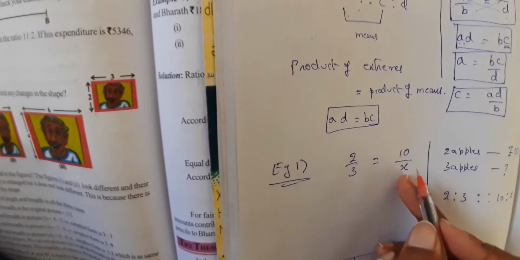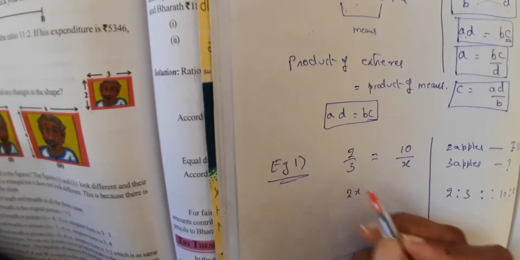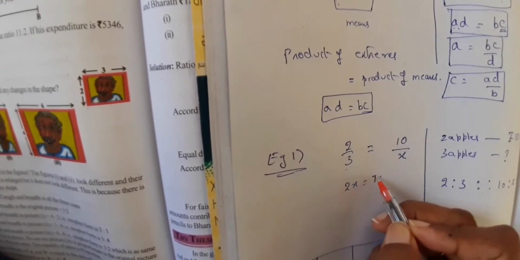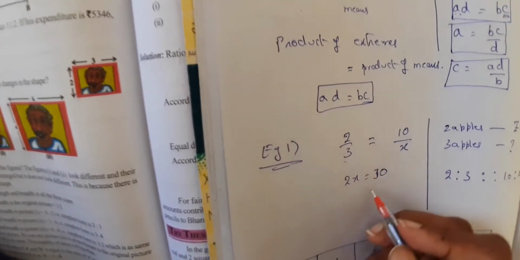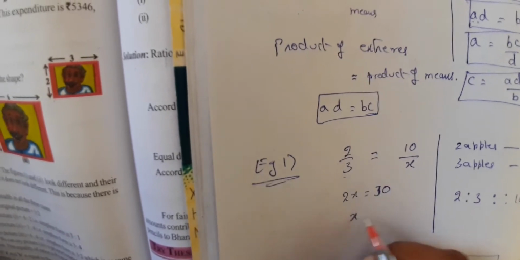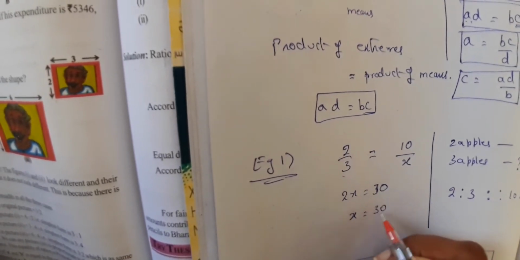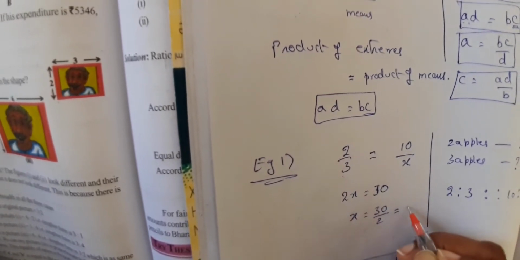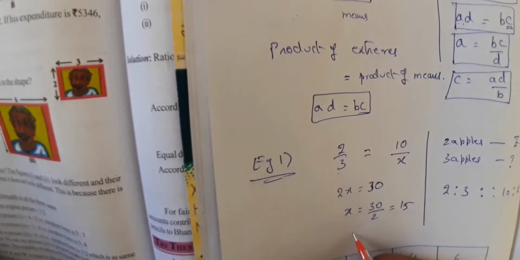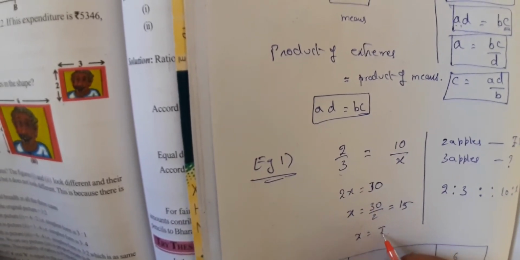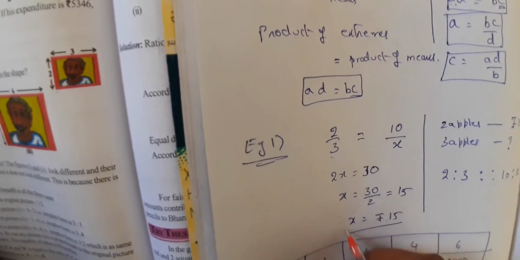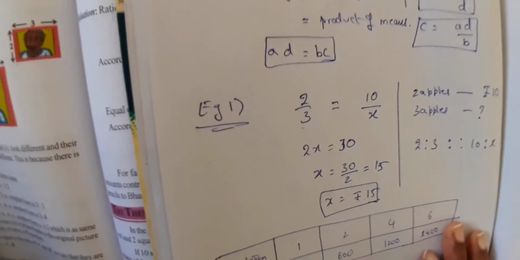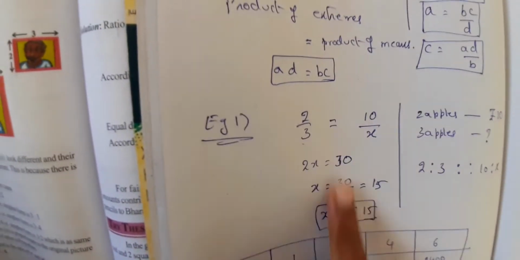Therefore 2x is equal to 3 tens are 30, on cross multiplication. Or you can transpose 2, it will become division here, x is equal to rupees 15. This is one way of doing it.